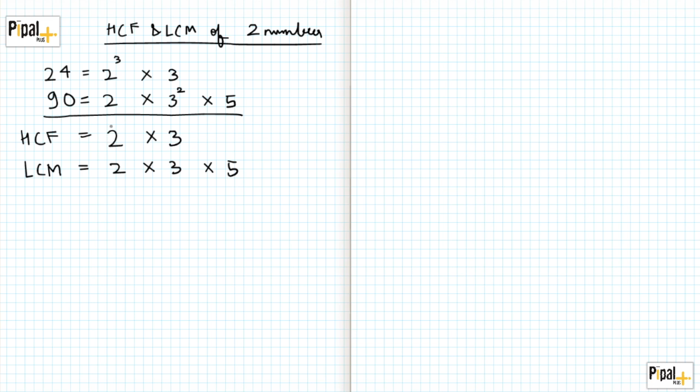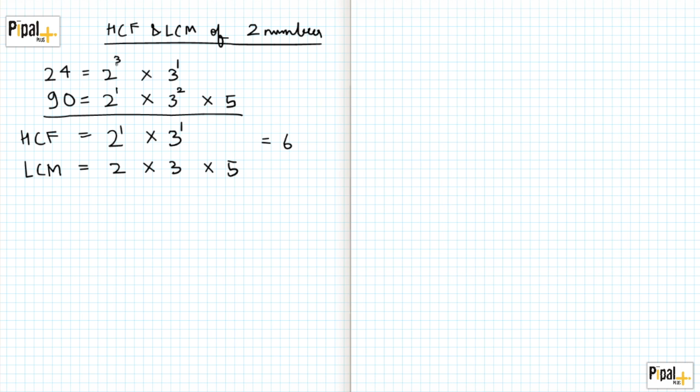Now for HCF, you would recall, I need to just pick out the lowest of the powers. So the lowest power of 2 across both these numbers is 1. So this goes to HCF. Then for 3, the lowest power is again 1, which comes from 24, and I get my HCF 6.